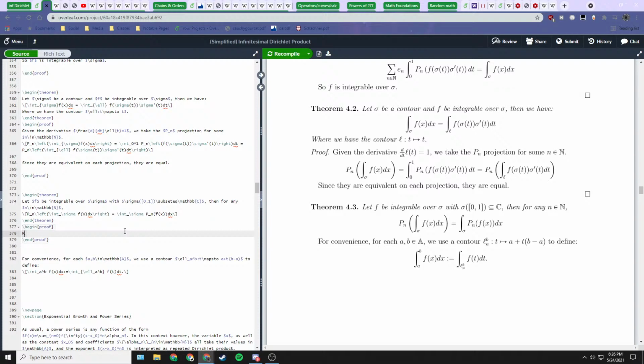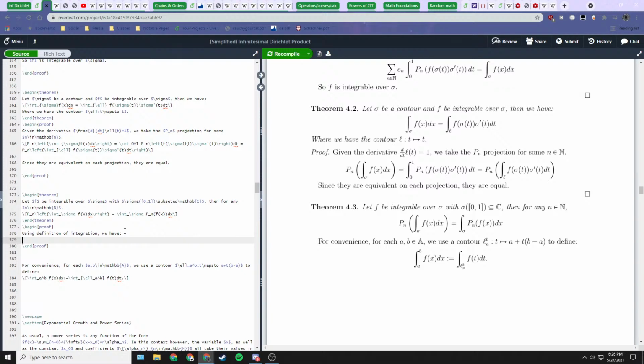So in the definition of integration, we have the integral.